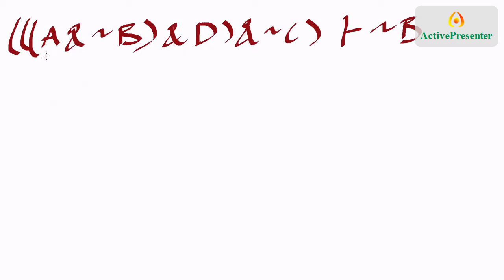Alright, so here we have A and not B, and D, and not C, turnstile, not B. So this is our one premise, and this is our conclusion.